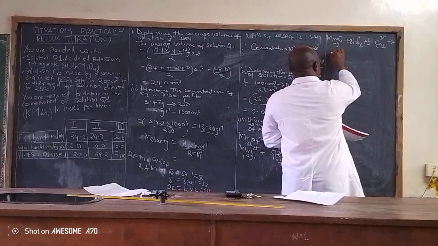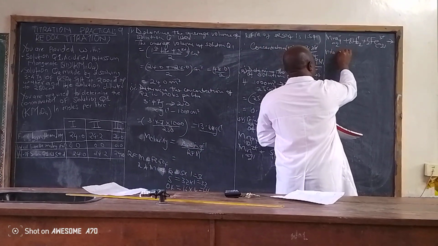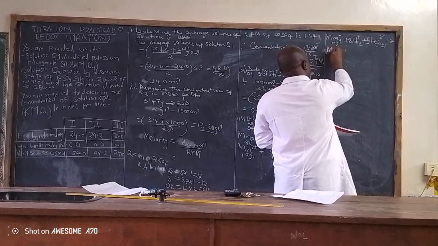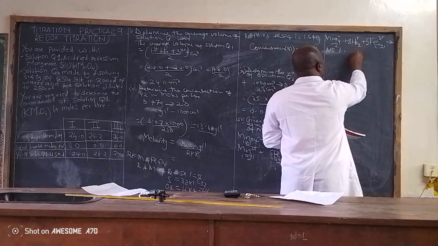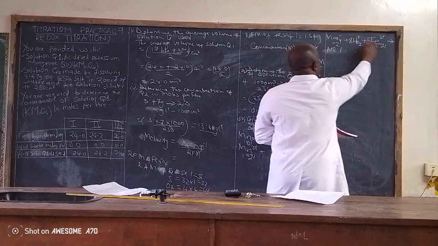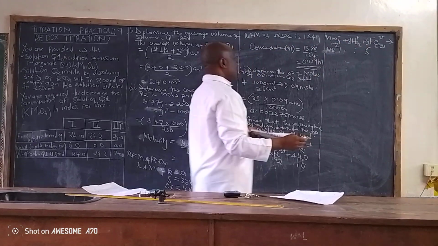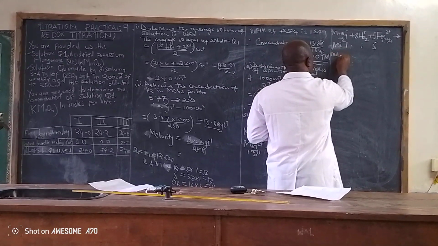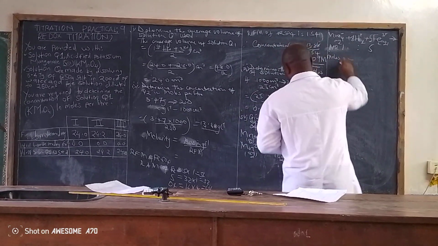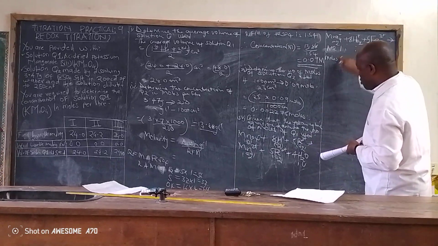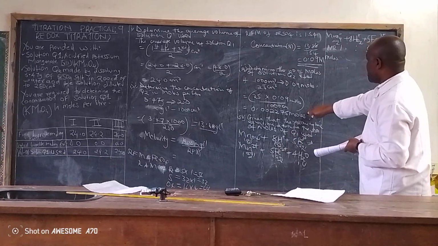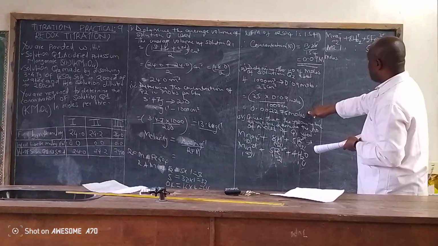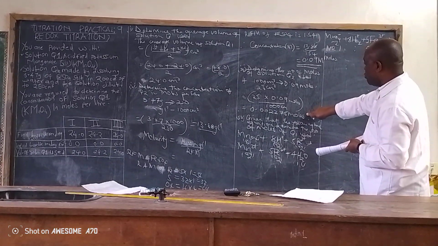So our mole ratio here is 1:5. These are our products of interest. So we have found the moles here. Remember, the number of moles of iron 2 we already know.